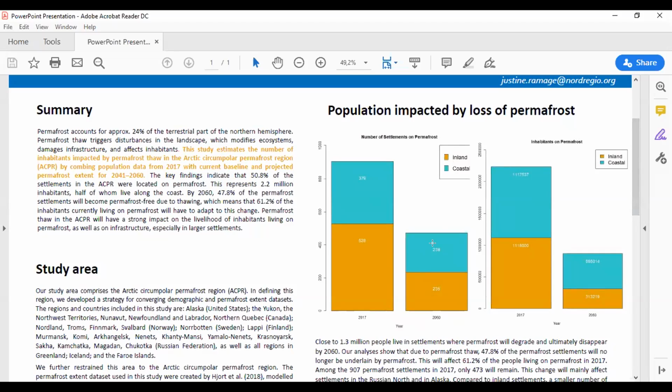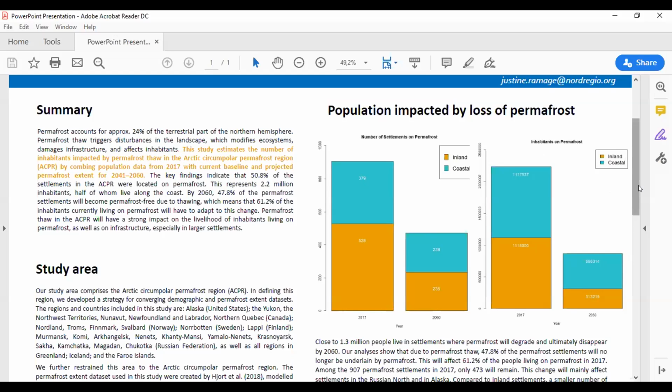On the graph that you see on the right side of the screen, the first graph shows the number of settlements on permafrost for the year 2017 and the year 2016. And you can see the same on the next graph for the population on permafrost.